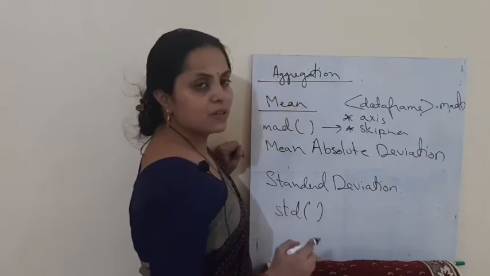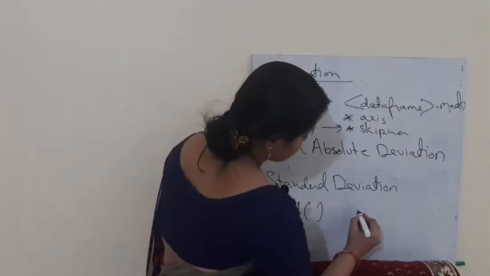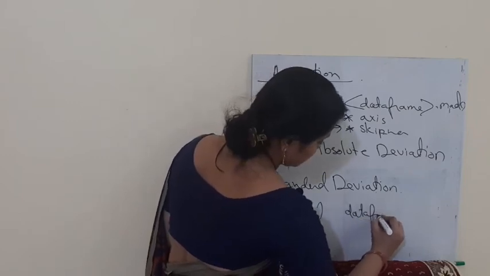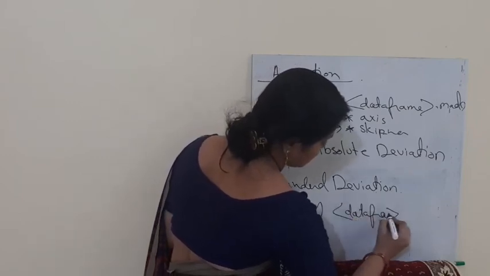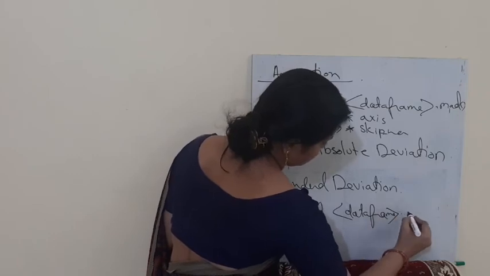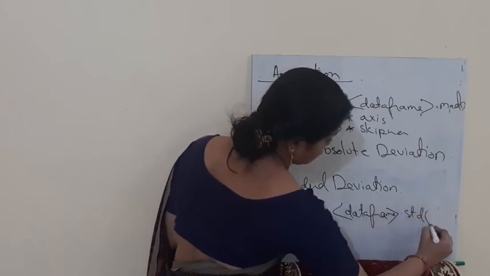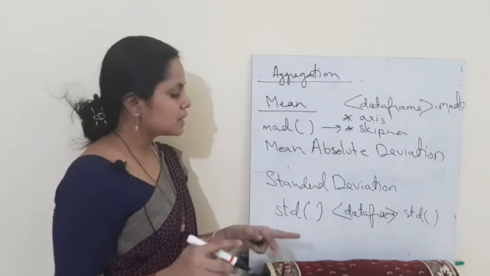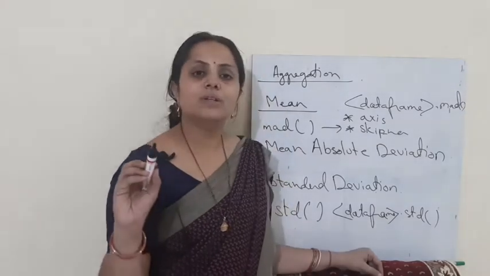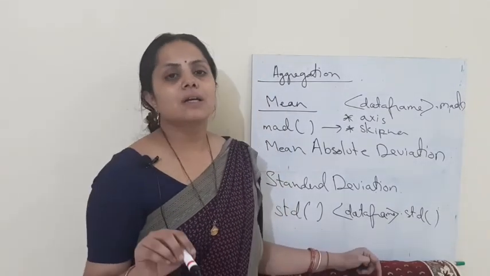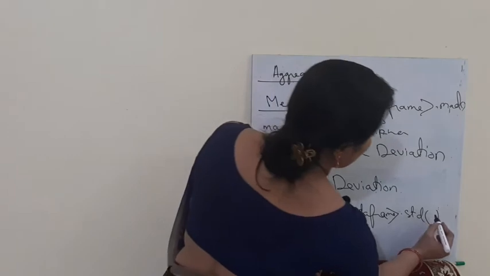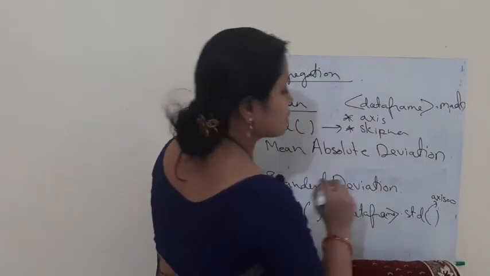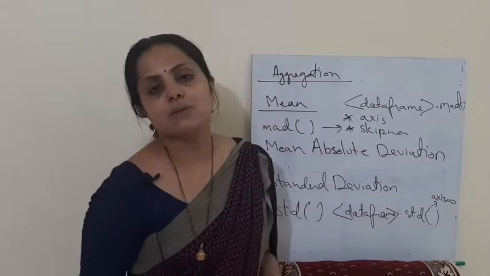And here we will just use data frame dot std. It will give you the standard deviation of the complete data set. For example, if you want it only for the index part, you can write axis 0, or if you want it for the columns, you can write axis 1.